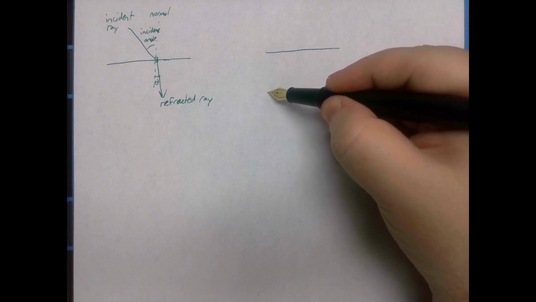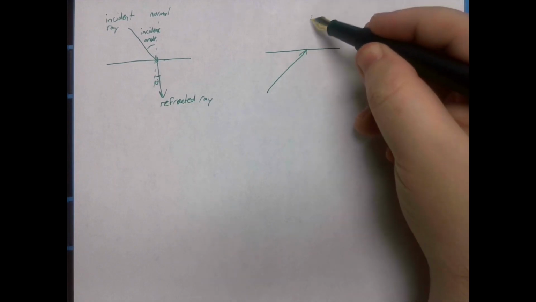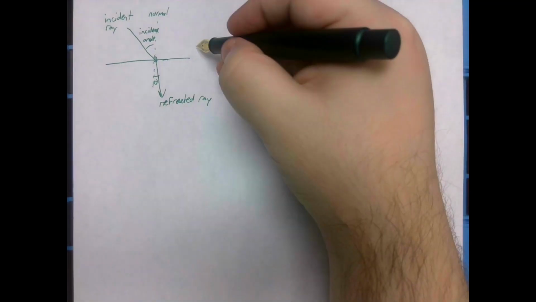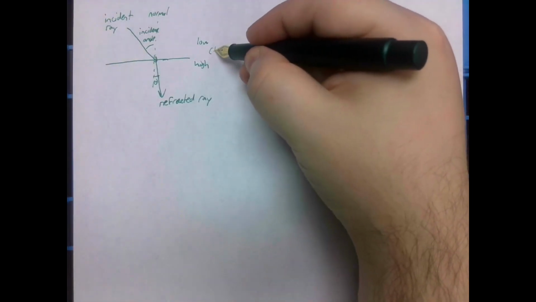Or we could have the reverse. This is when it's going from low to high. So low to high bends toward.